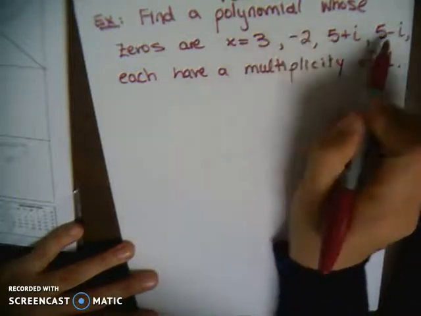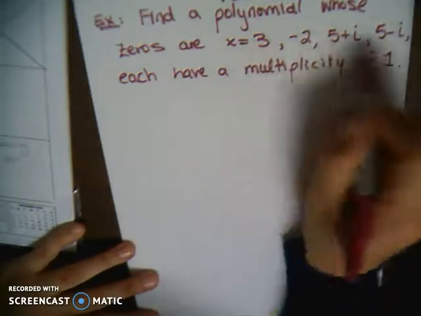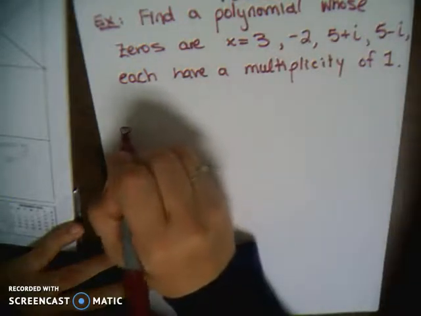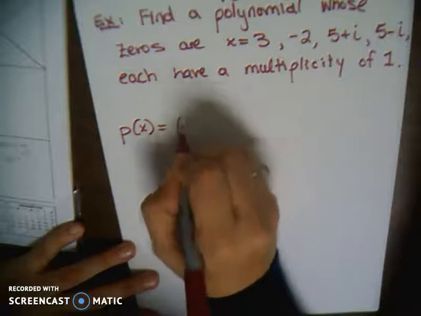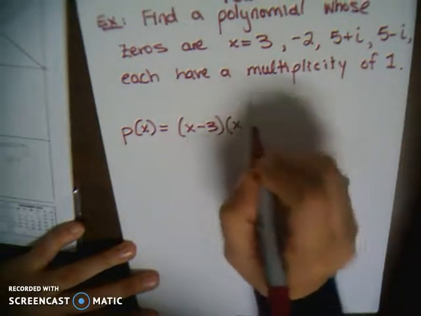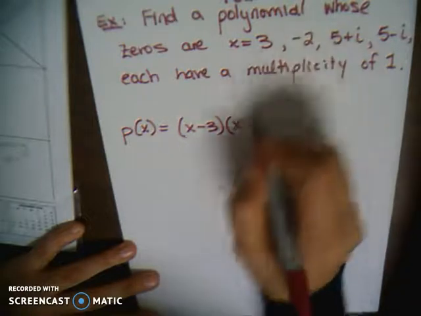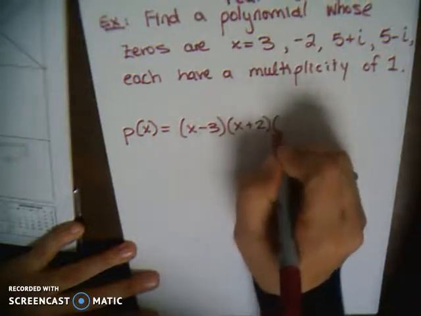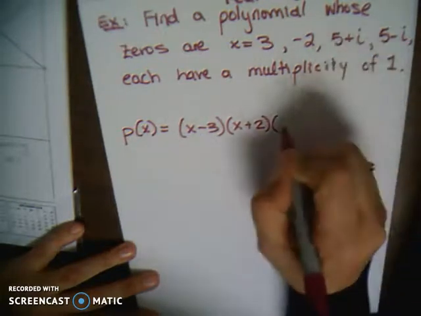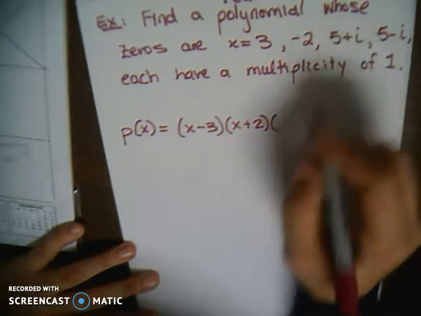So we've got those 4 zeros, and according to that rule I gave you right at the beginning of this section, that means that this polynomial can be written as x minus 3, x minus negative 2, which will be x plus 2. And be really careful with the complex zeros because it's x minus your zero, and it has 2 terms.